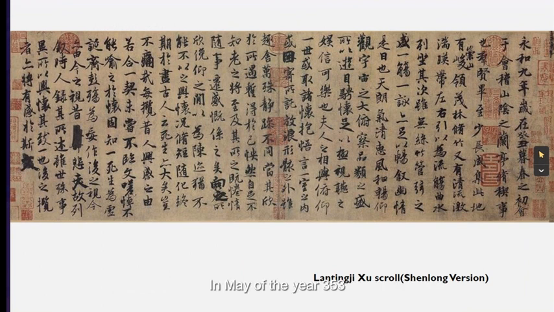In May of the year 353, a party was held in a private garden in South China, where a group of high literati enjoyed the good weather of the last months of spring. This gathering at the Orchid Pavilion became perhaps the most famous party in the whole cultural history of China.